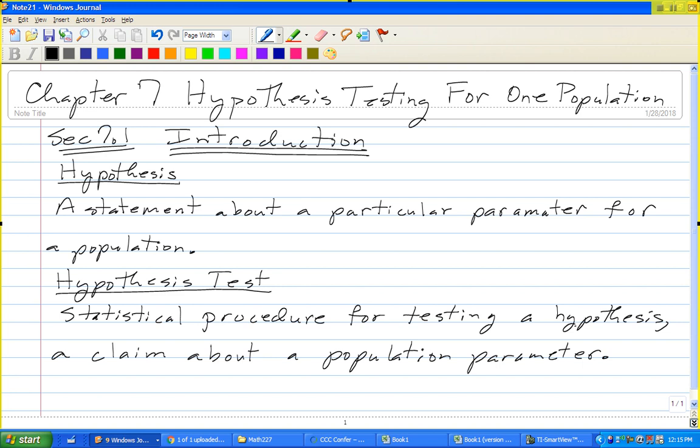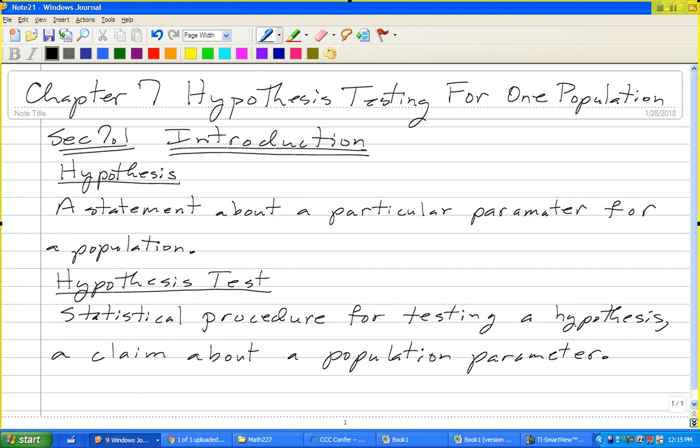It is claimed that the body temperature is 98.6 degrees, and we go out and we have a sample of, say, 106 body temperatures, and their mean is 98.2. We can use this data to test the claim that the mean body temperature is 98.6 degrees.